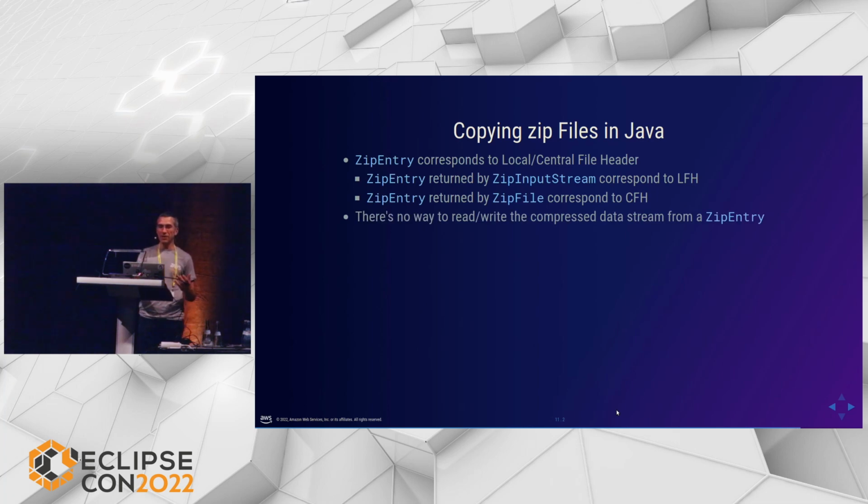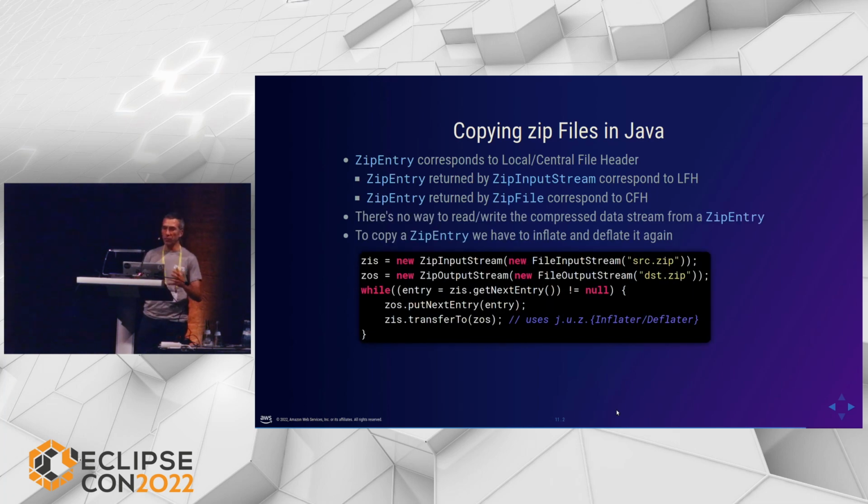But Java has no good way to copy the compressed data stream from an input file to an output file. What you have to do is first inflate it and then deflate it again into the output file. And this is a small example of how this could be done. So we have a ZipInputStream from a source file and a ZipOutputStream.